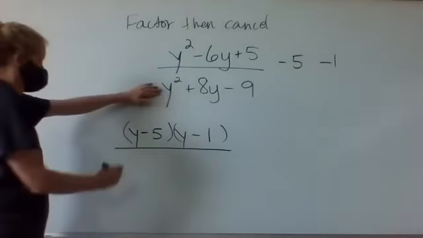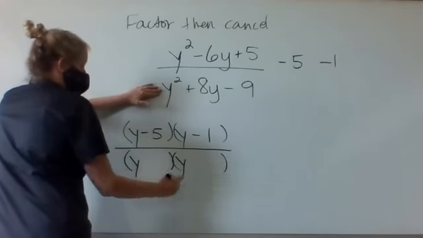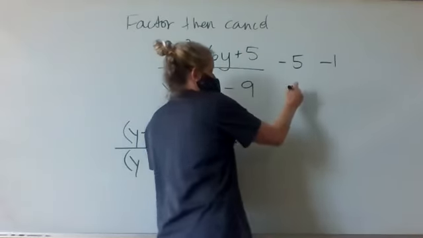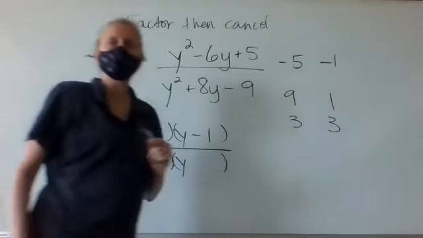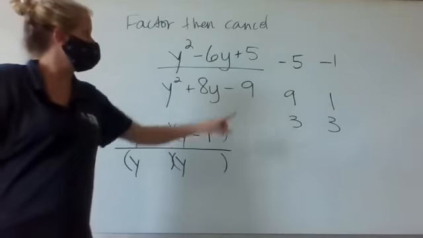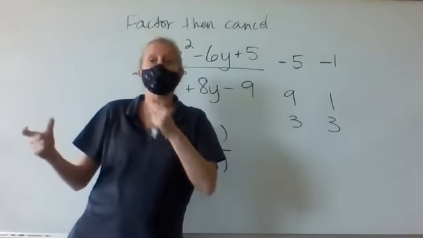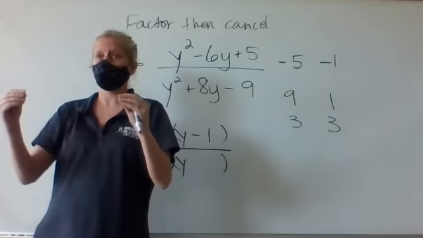Now let's also factor the bottom. Y and y for y squared. Now I'm using 9. Don't worry about the negative yet. So that's how you multiply to get 9. It's going to be a negative 9, which means if I'm multiplying to equal a negative, I've got to have one positive number and one negative number.